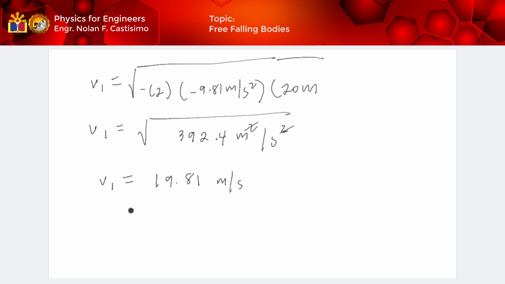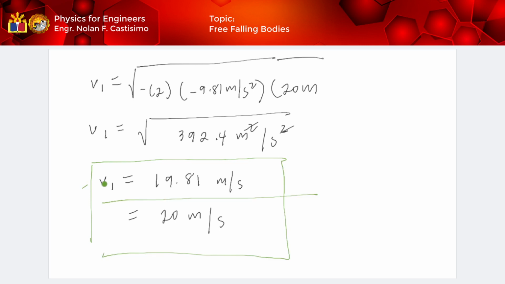Or, equivalent to 20 meter per second if we round off to whole number. So, ito na ang ating final answer. It can be this one or this one. So, other problems will be discussed in the next videos.